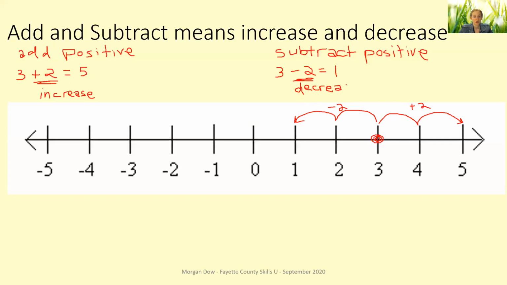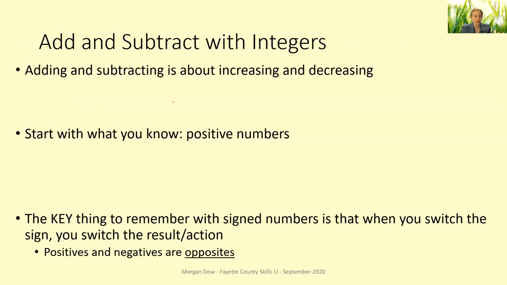Okay, so that is what we already know. We know that adding a positive number makes you get bigger, and subtracting a positive number makes you get smaller. Now, keeping this in mind, and also keeping in mind that key thing we just talked about, that anytime you switch between positive and negative, it causes the opposite thing to happen because positives and negatives are opposites.